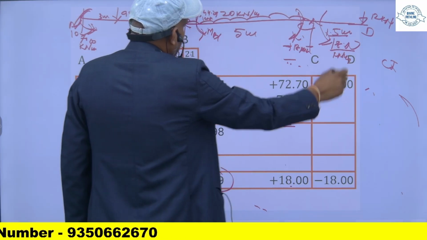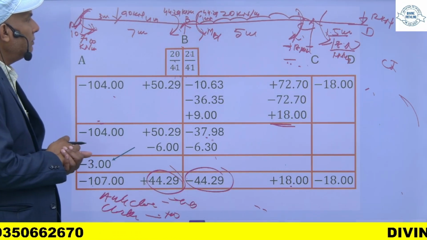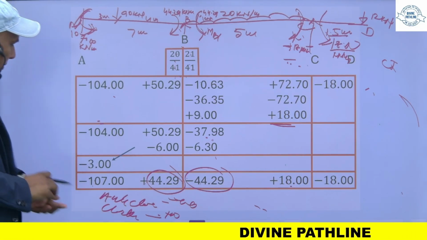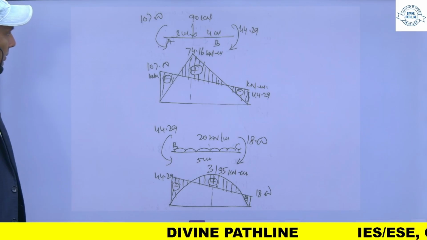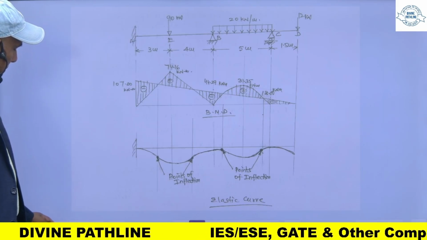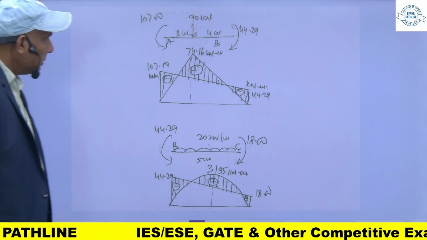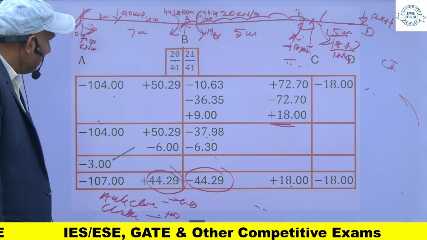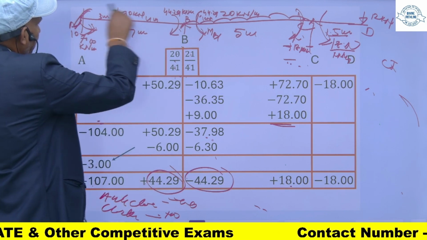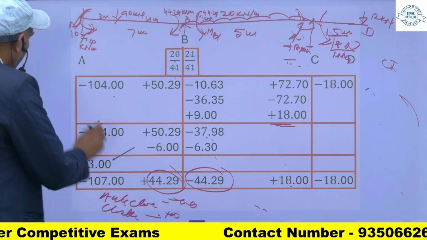So now these are my final moments at this point. So now, if you separate this portion, if you take this AB portion separately, it will be like this.